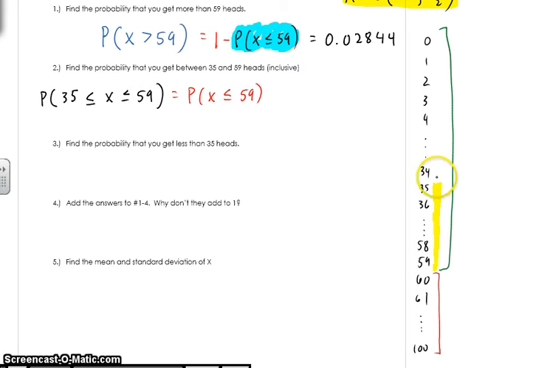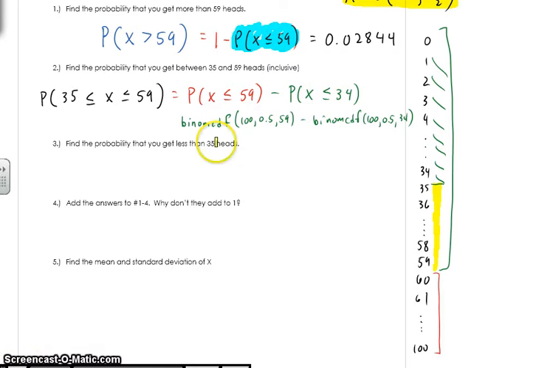What do we need to subtract out of that to get what we want? Well, we need to subtract out this part here. So we're subtracting out less than or equal to 34. So we're going to just put that in the calculator: 2 binomial CDFs. I'm just going to write down what you put. I would type this in the calculator and I would get the answer here of 0.97066. So it's very likely that we would get between 35 and 59 heads.